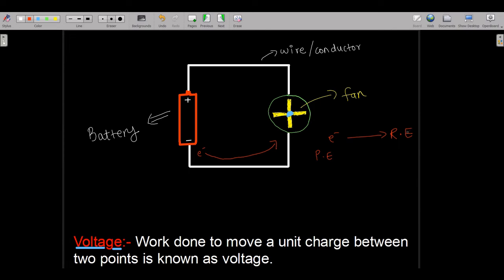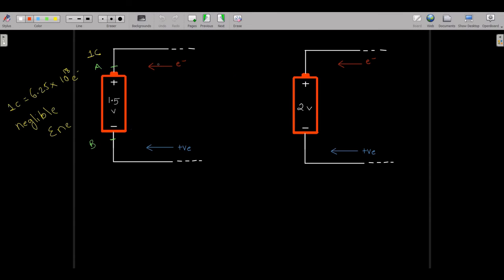Now as soon as the electron reaches this point, it doesn't have any energy, but still it will move in this direction, because the positive terminal of the battery will attract these electrons, due to which they will come to point A.